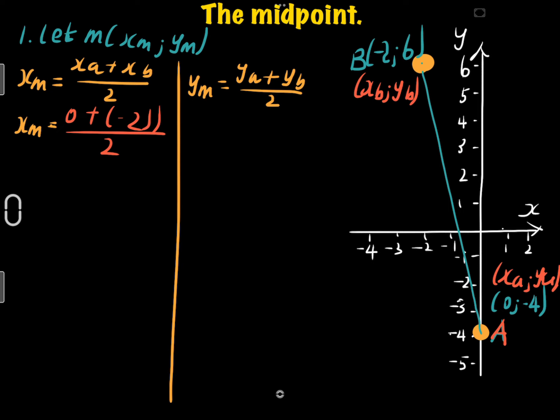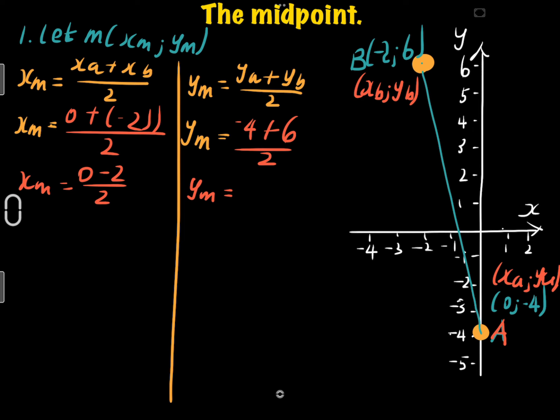For y, we start integrating everything into the equation. ya is -4, plus yb, which is 6, divided by 2. xm is equal to 0 plus -2, or rather a negative times a positive gives us -2, over 2. ym is equal to -4 plus 6, which gives us 2 over 2.